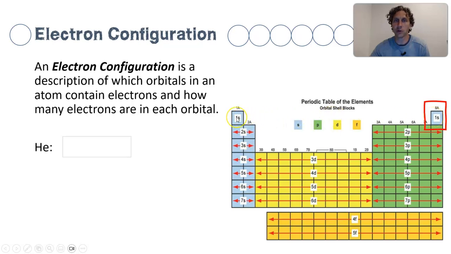Okay, the first row has 1s orbitals. Okay, there's one s orbital, an s orbital at level 1. And how many can fit in an orbital? 2. You can fit 2 electrons in an orbital. And so we can write out the electron configuration of helium as 1s2. That means there are 2 electrons in an s orbital at energy level 1.